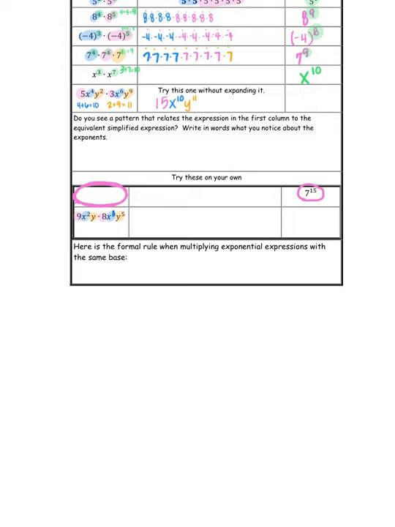Okay, so the rule, what's the formal rule when multiplying exponential expressions with the same base? What we're doing is we're saying a to the n times a to the m is a to the n plus m.